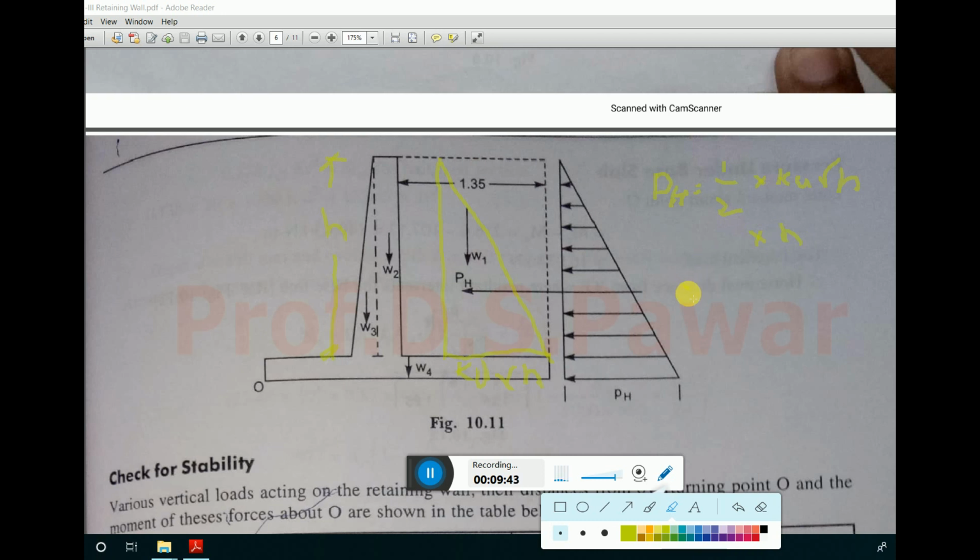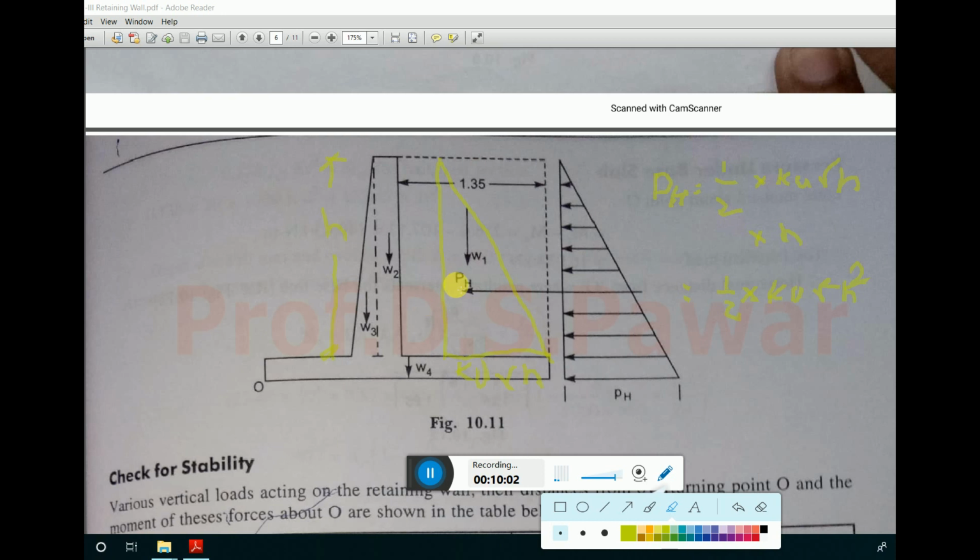So the total horizontal pressure is 1/2 into Ka into gamma into small h square. So this is the horizontal pressure.